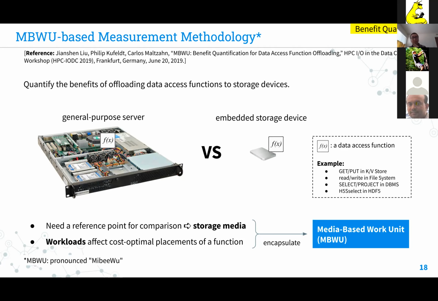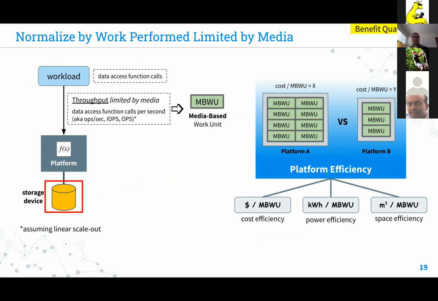To understand how we use this reference point in the comparison, think about having a workload that we drive onto a platform, and the platform is running the function that we intend to offload to the storage device. In this process, we can measure the throughput of the workload.